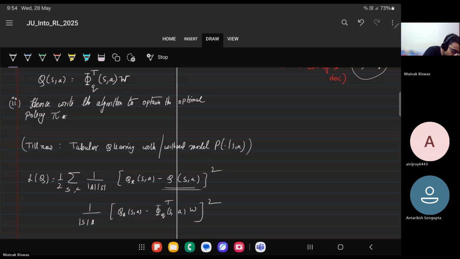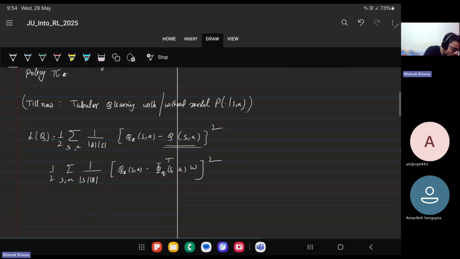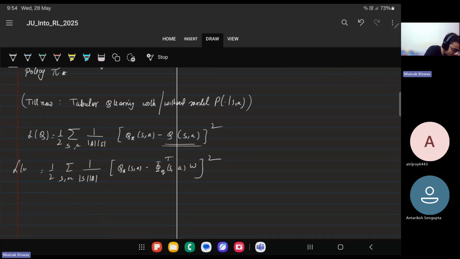Yes, sir. So now this becomes a loss function with respect to W, and I want to update with respect to W. So I want to write an algorithm: W T plus 1 as W T plus alpha T times the gradient with respect to W of the loss at W T, not the loss of W.